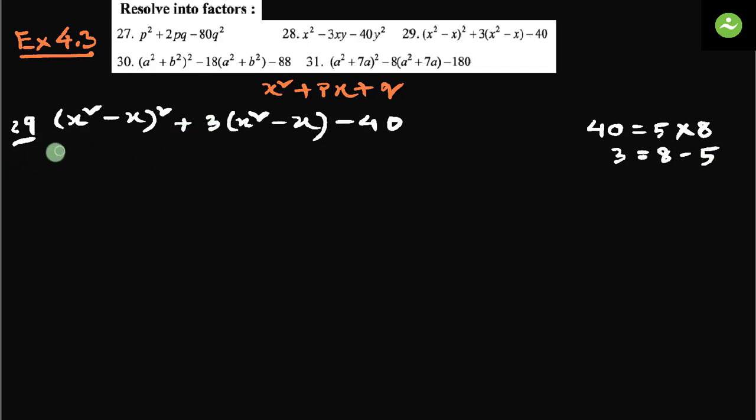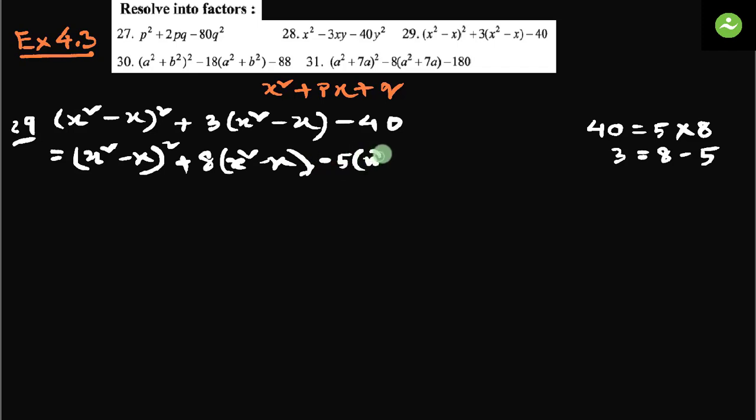Okay. And we actually need another minus because there is already a minus here. So equals x square minus x whole square plus 8 into x square minus x minus 5 into x square minus x minus 40.